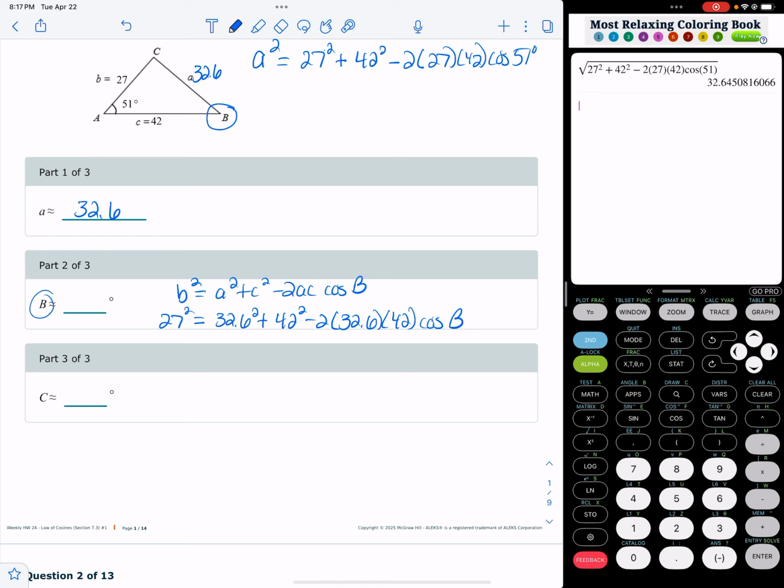What we don't know is angle B. So you can't just put this all in the calculator at one time. We have to do it in parts. First, let's square 27.